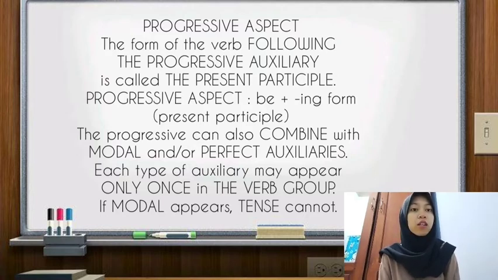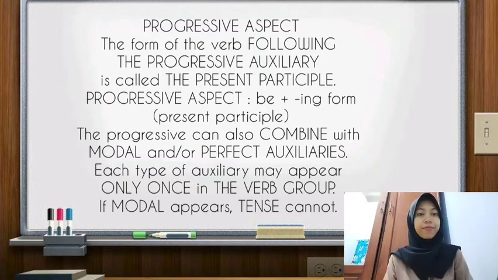Each type of auxiliary might appear only once in the verb group. If modal appears, the tense cannot. Modal plus progressive plus verb. For example, James may be giving the girl a chocolate.